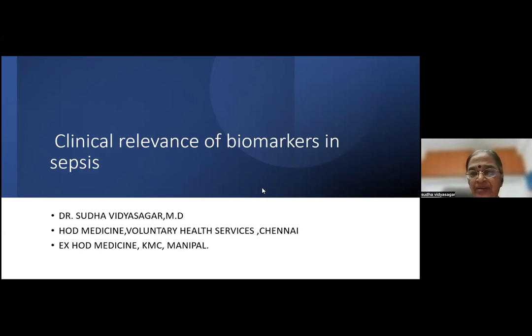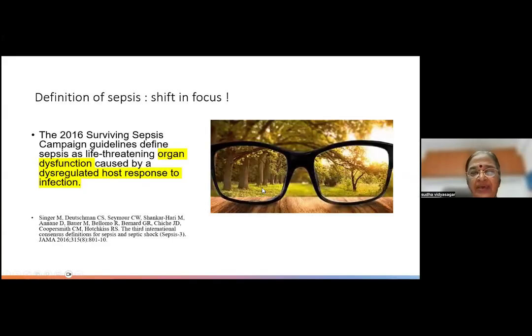So let's begin with saying what is the definition of sepsis. The 2016 Surviving Sepsis Campaign guidelines define sepsis as a life-threatening organ dysfunction caused by a dysregulated host response to infection.